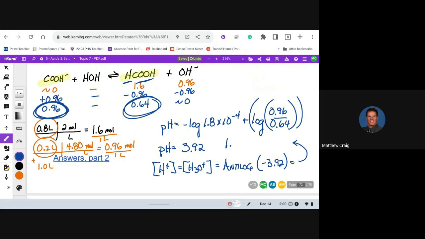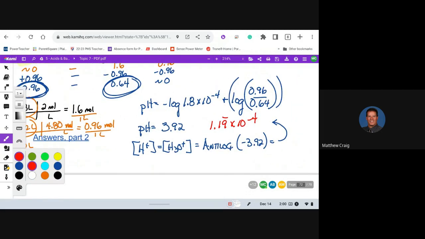That's 1.19 repeating times 10 to the negative 4. Exactly 1.2. Yeah, I got exactly what I got too, because I just used the value from my calculator. Same thing.